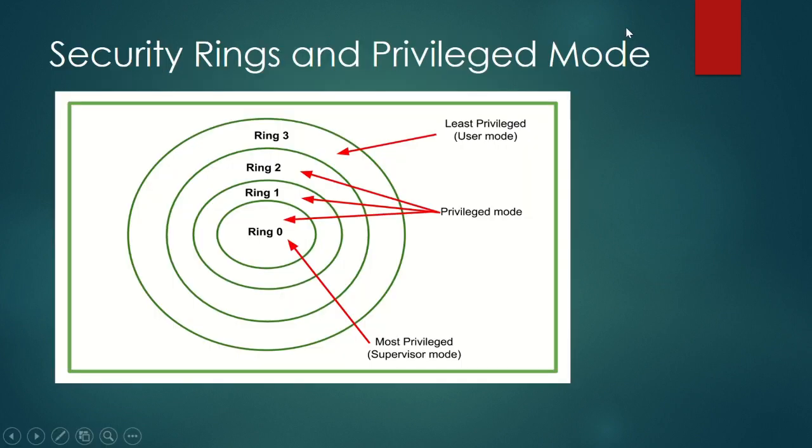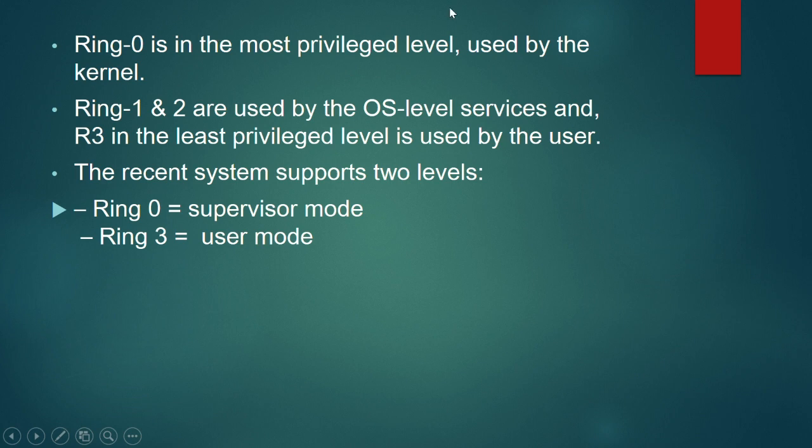You can see here ring 0 is the most privileged, with instructions that are executed by the kernel first. It is also called supervisor mode. Ring 1 and ring 2 are privileged modes that are executed by the operating system, and the last one is ring 3. It is the least privileged and can be used by users. It is also called user mode.